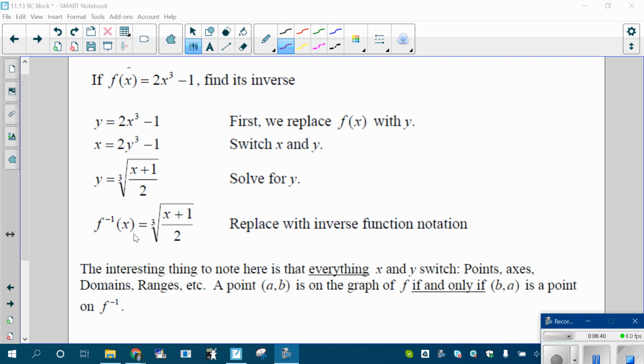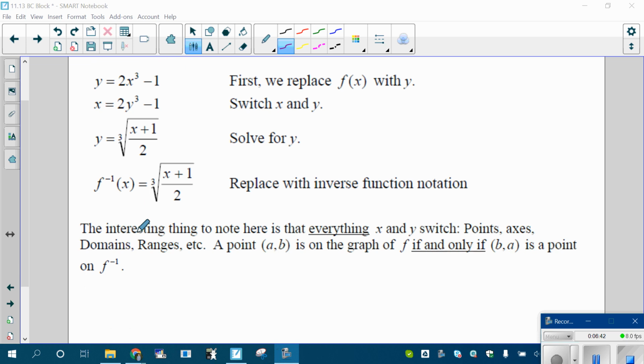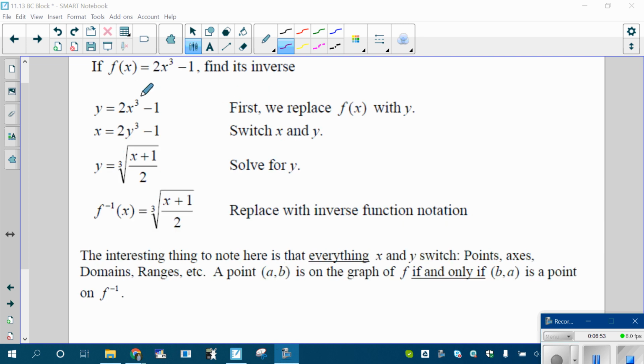Okay, so here's the important idea, the calculus idea. We'll get to it in one second, but what I want you to note before we get there is that this algebraic process involves flipping the x and the y. So in inverses, x's and y's flip. What that means is domains and ranges flip.